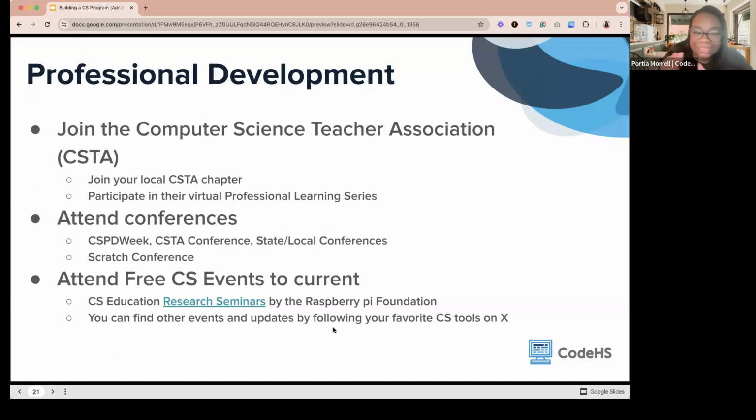Some states have several chapters based on region. And they also offer virtual professional learning series for different things like code and play. Every major month, like Women's Month, Black History Month, Hispanic Heritage Month, there are themed events that happen. And that's a great way to network with other CS teachers.